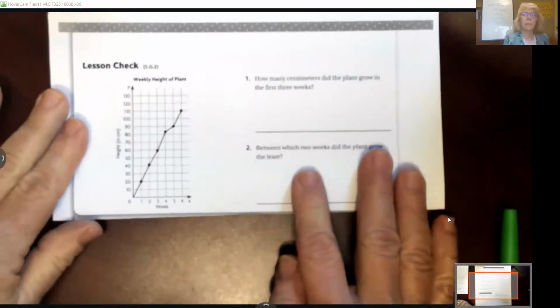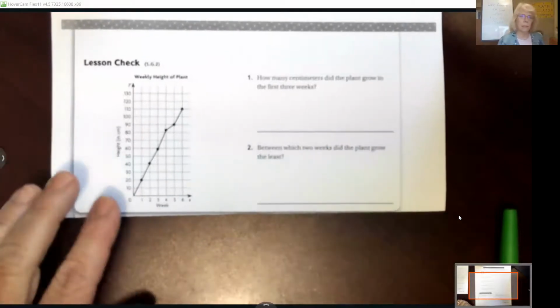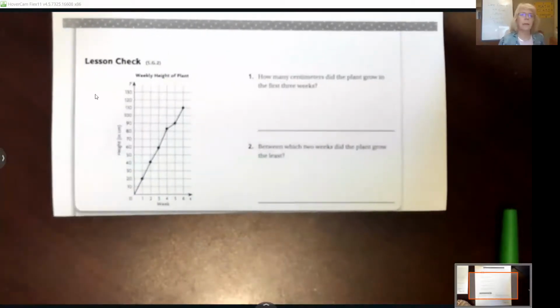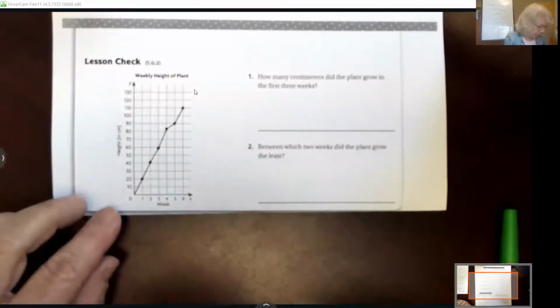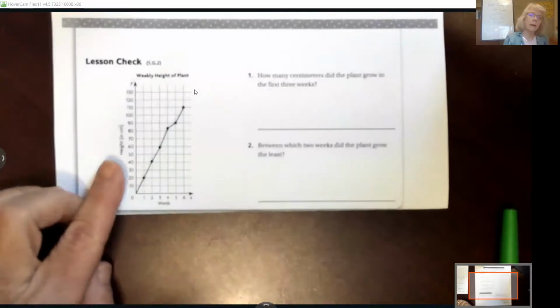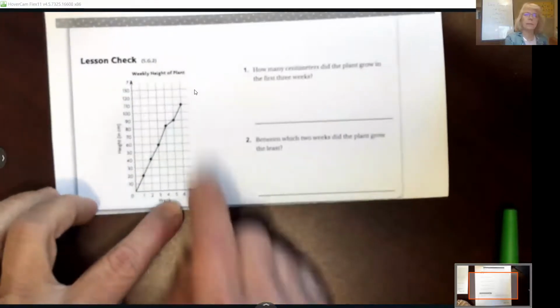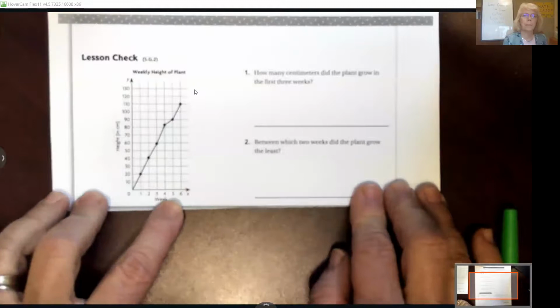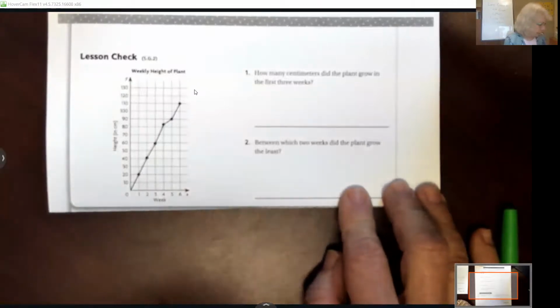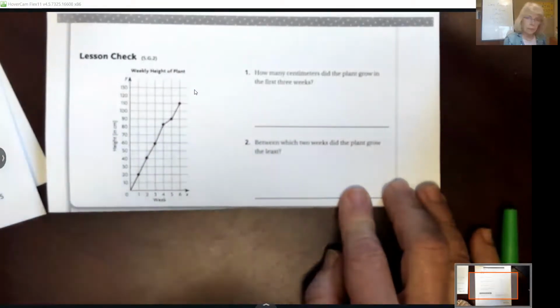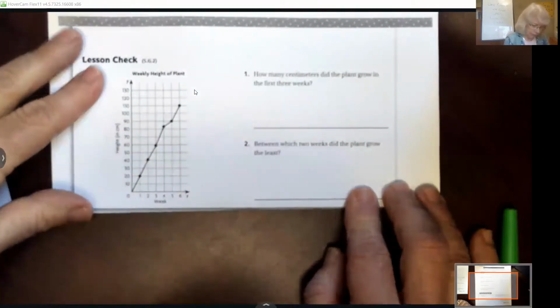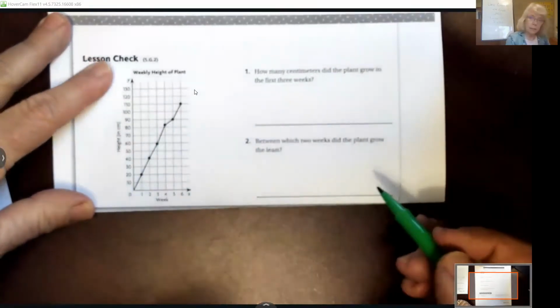So on this, we have a chart that says weekly height of plant on the top, and the height is our y-axis and weeks is across the bottom. It asks us, how many centimeters did the plant grow in the first 3 weeks? So this is about reading a graph like this. This is fairly simple once you understand how the graph works.